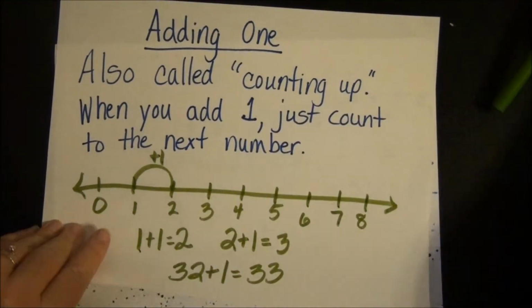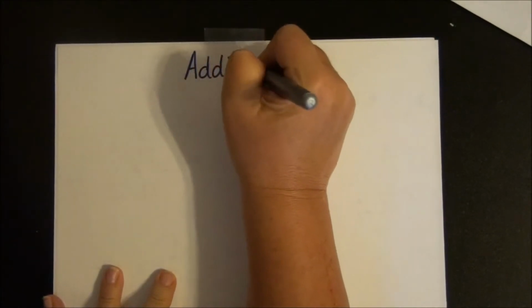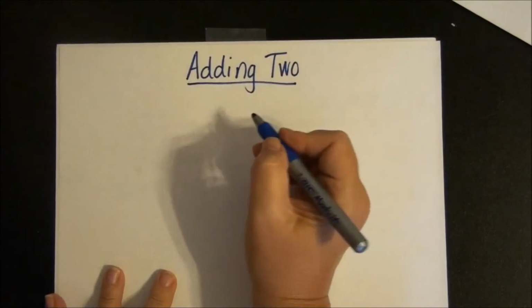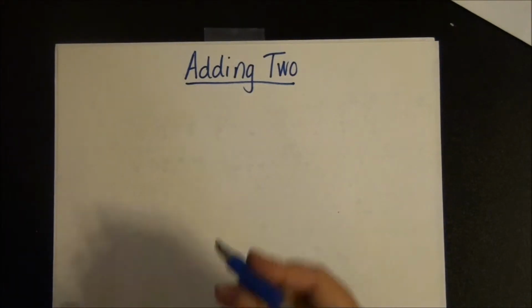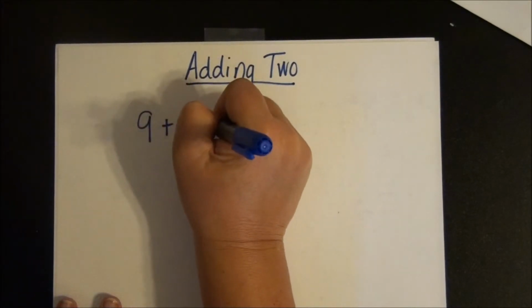Okay, the next strategy is called adding 2. I have 2 pieces of paper here. Let me get one off of here. Okay, with the adding 2 strategy, I am just going to count up 2 numbers. Just like I counted up 1 for adding 1, I'm going to count up 2 numbers. So let's look at it this way. 9 plus 2 equals.